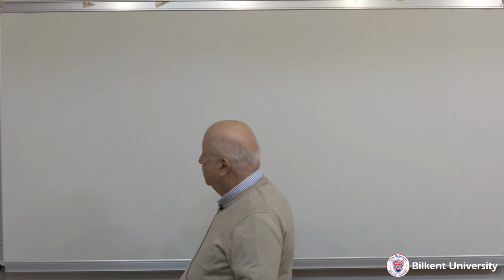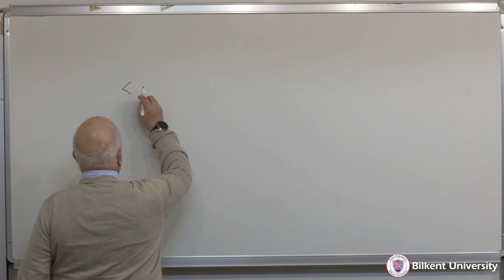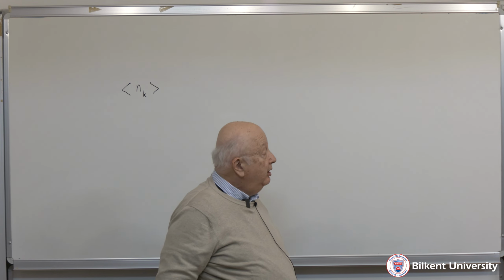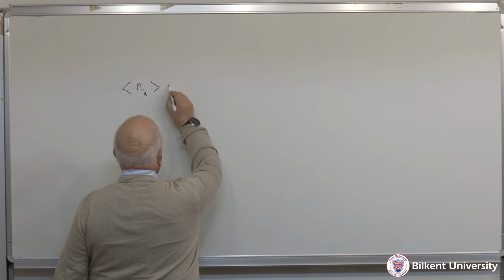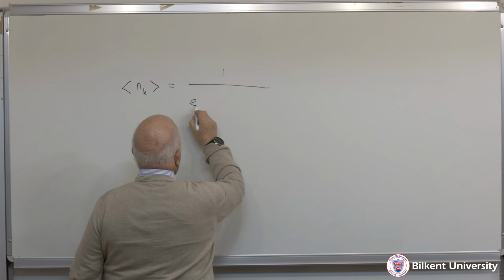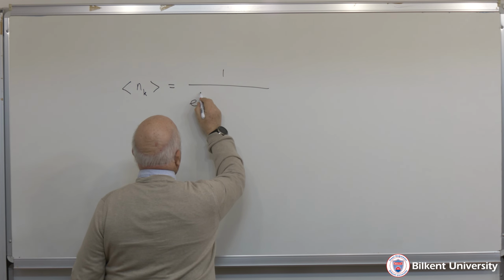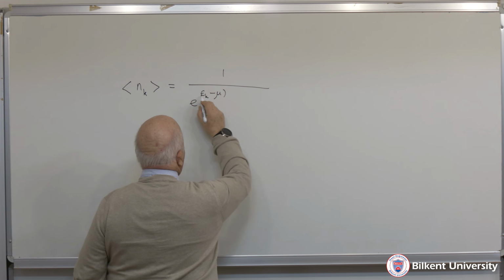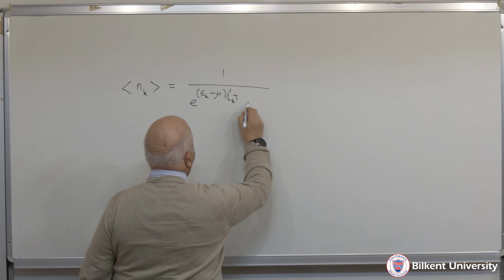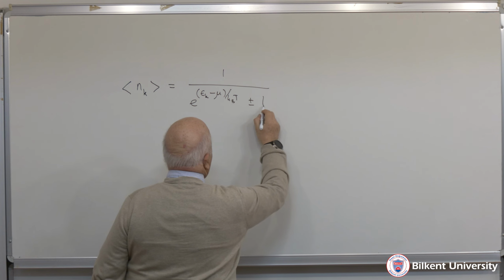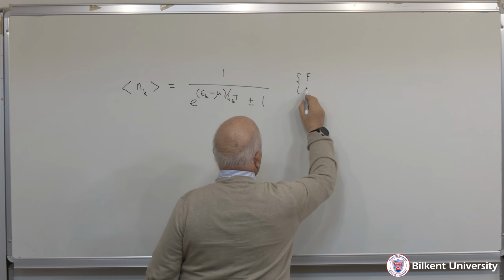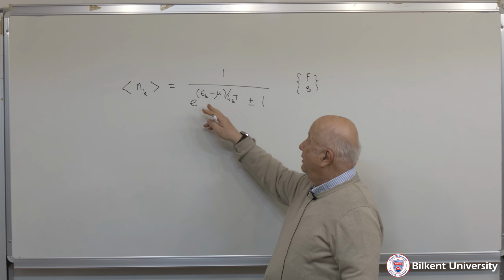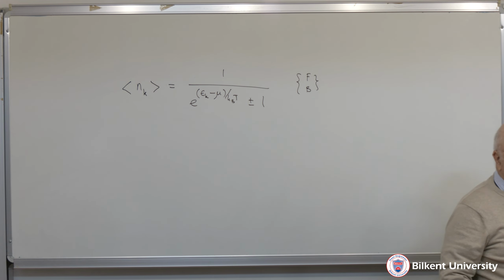And what we found out was that the number of particles in some kth energy level, on the average looks something like 1 over e to the (energy of that level minus some chemical potential) divided by k Boltzmann times T, plus or minus 1. Plus 1 is for the fermion case, minus 1 is for the boson case. So that's the average number of particles you expect to find in an energy level with energy Ek.